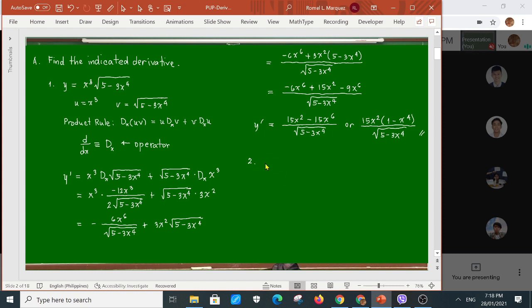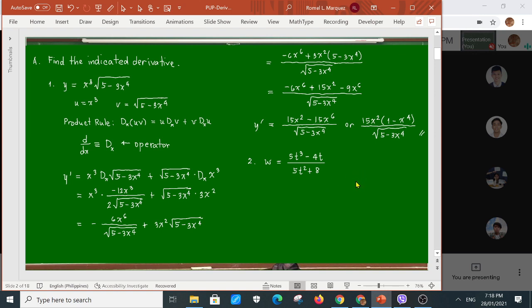On number 2. Let's say I have W is equal to 5t cubed minus 4t all over 5t squared plus 8.